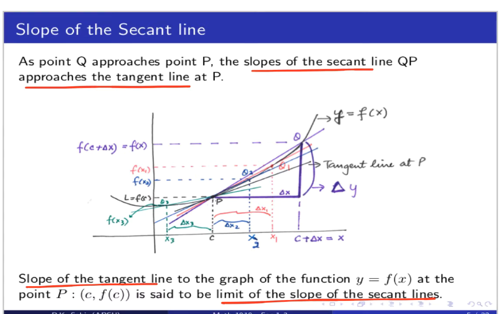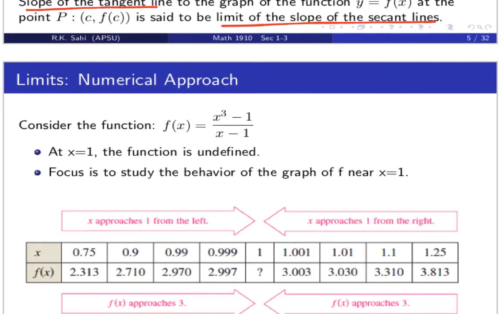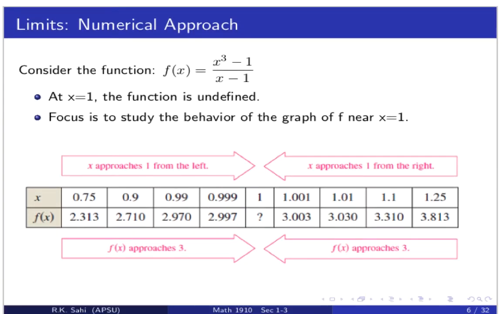A quick example of numerical and graphical approaches. Remember, if we are given a function, say (x cubed minus 1) over (x minus 1), we want to find out what happens at x equals 1. So we were talking about the numerical approach to this function.